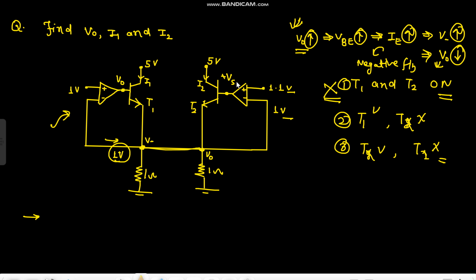Plus V set. Now if this is plus V set, then this transistor will be on. Look, we assumed it to be off, but when we consider T1 to be on, by its own we are having this transistor T2 to be on.